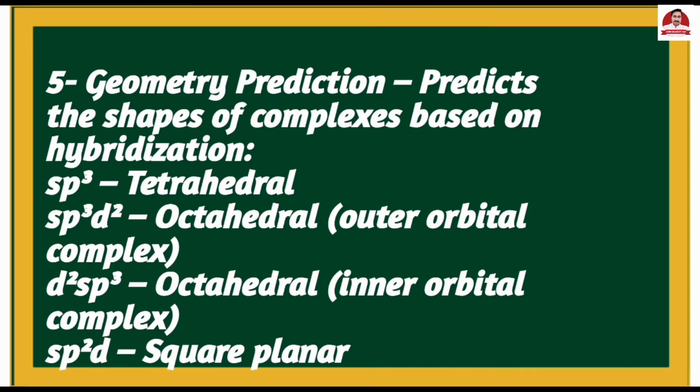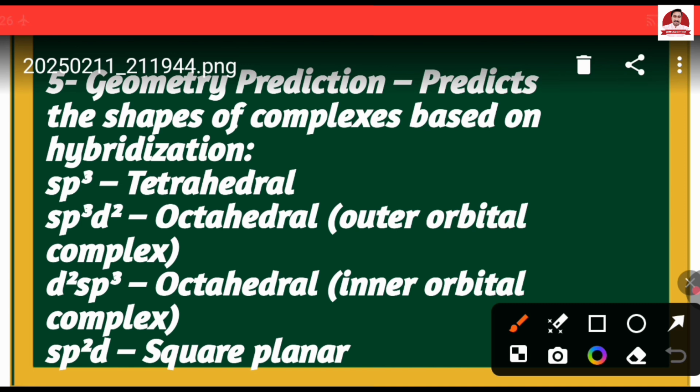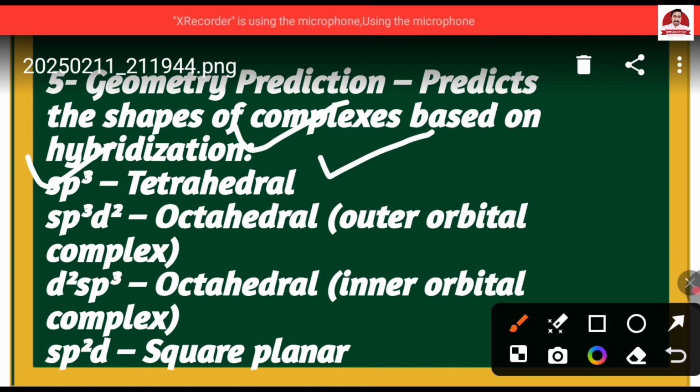So VBT explains the geometry of the complex, and this geometry is explained on the basis of hybridization. If the central metal atom has sp3 hybridization, it has a tetrahedral geometry. And if the central metal atom has sp3d2, its structure is octahedral and it is an outer orbital complex.